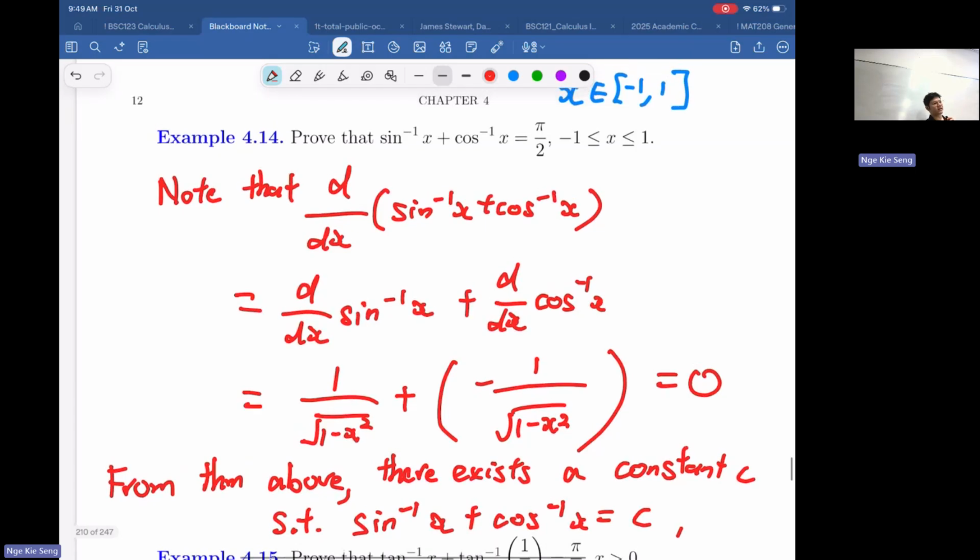Okay, so how to find the c? Any method to find c? Is there any way to find the c here? This is when you should use your condition of x here.